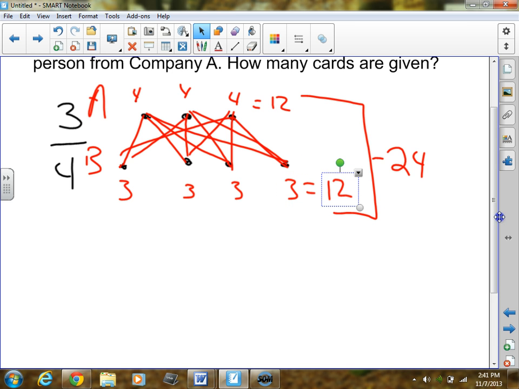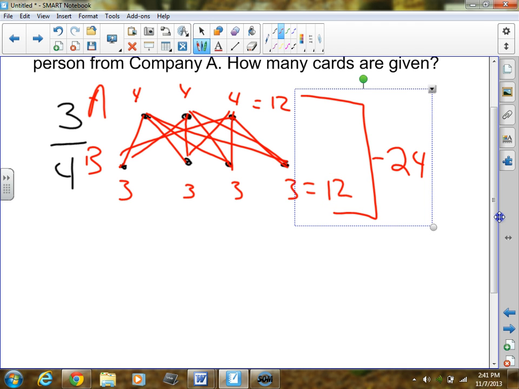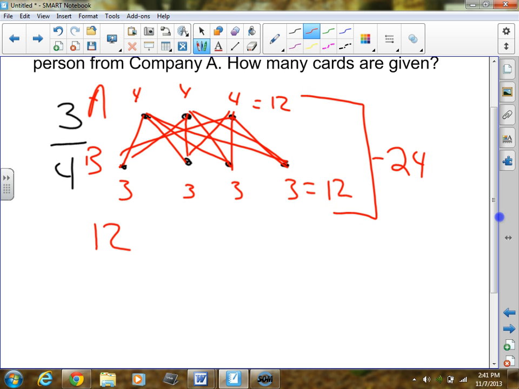So 3 times 4 equals 12. 4 times 3 also equals 12, which equals 24. So how about we do it like this? 12 times 17. This is company A right here. They're going to give out their cards, and then company B is going to be 17 times 12.